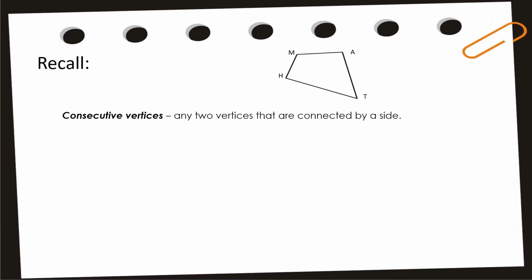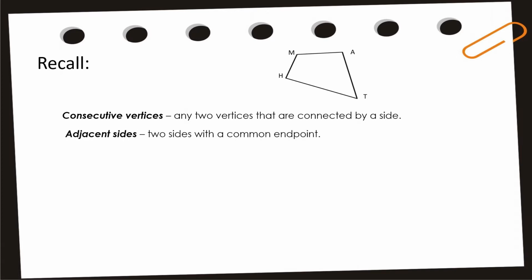Say, for example, vertex M and vertex A. They are two consecutive vertices. Another example, vertex A and vertex T. Another pair of consecutive vertices are vertex H and vertex T. Another one, we have vertex M and vertex H. They are also consecutive vertices.